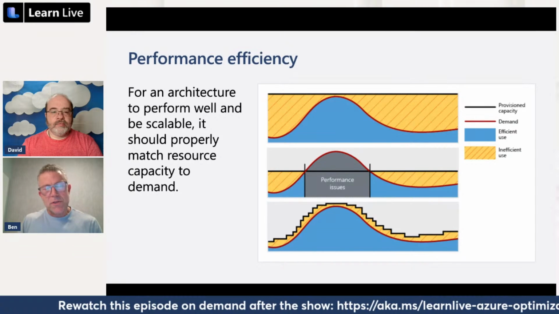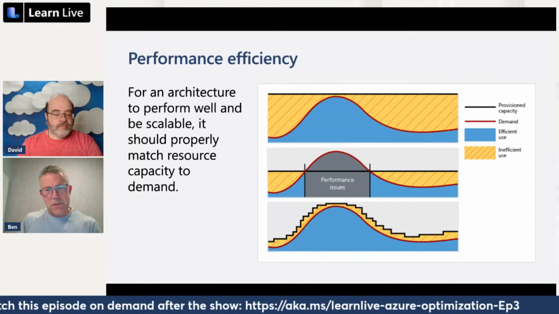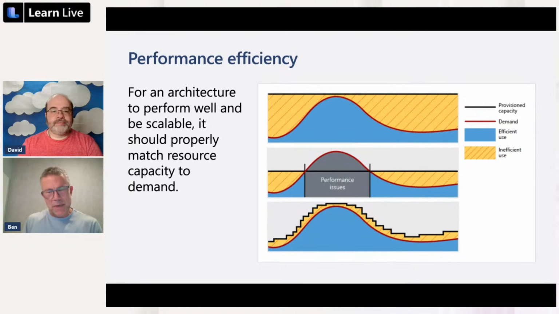But what is that going to do to your costs, and to the effectiveness of the application? Performance efficiency is one of those areas where we spend a lot of time thinking about cost, and also other aspects of what it means to scale back. So we'll be talking a bit about that too. Yeah.